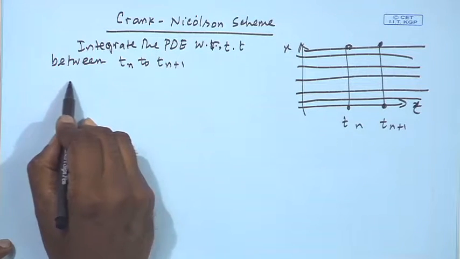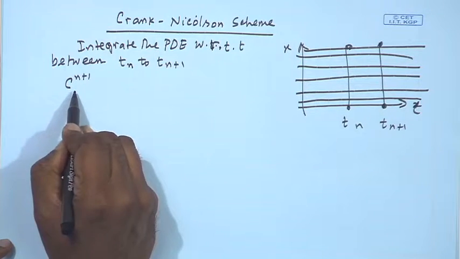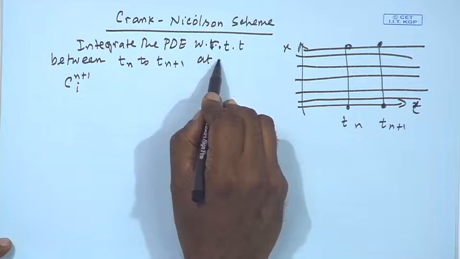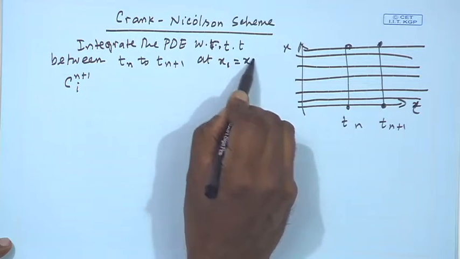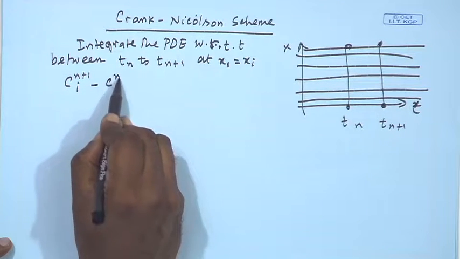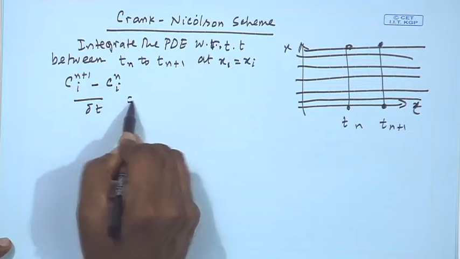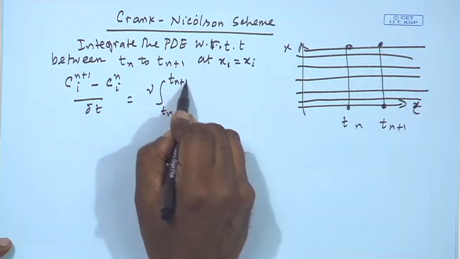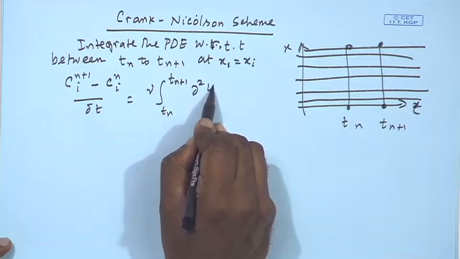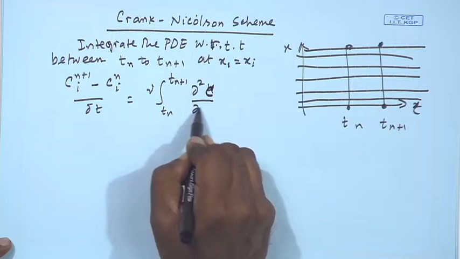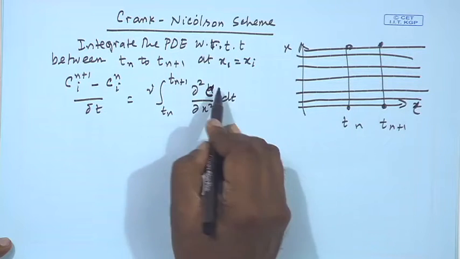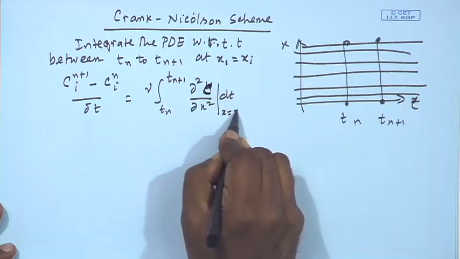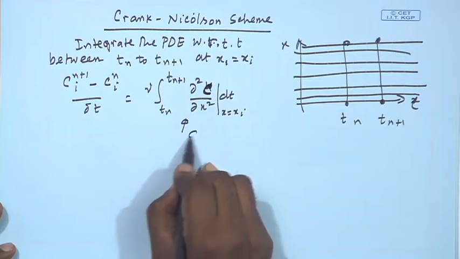So what I get is Cn plus 1 I minus Cn I by delta t equal to nu times the integral from Tn to Tn plus 1 of del square c by del x square dt. Here we have taken x equal to xi. So here we apply the trapezoidal rule.